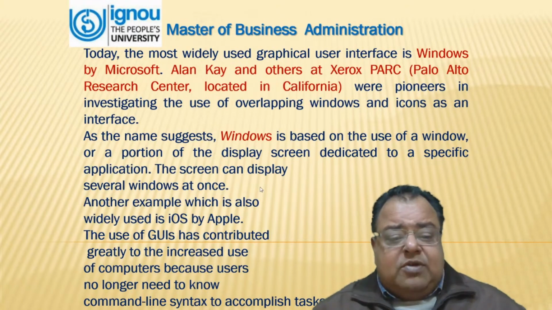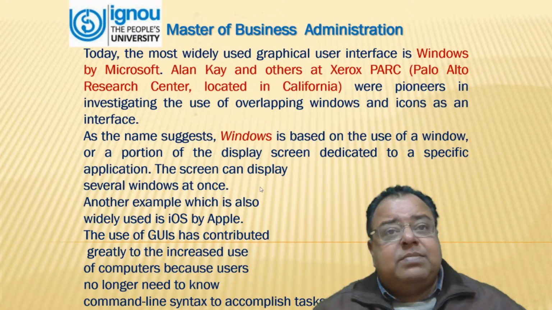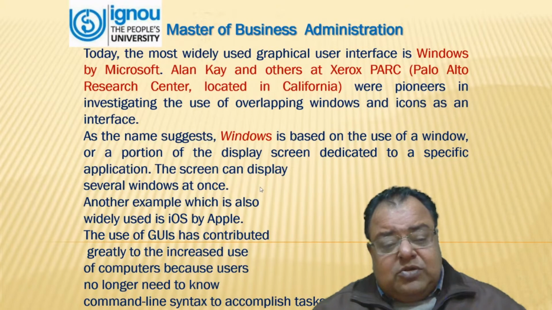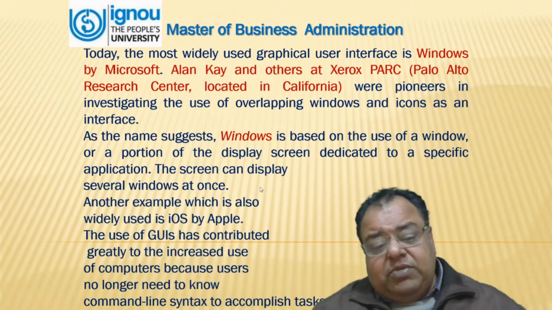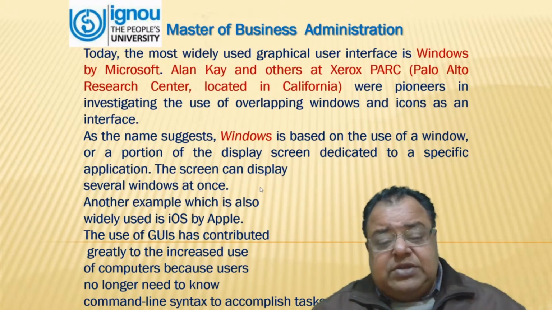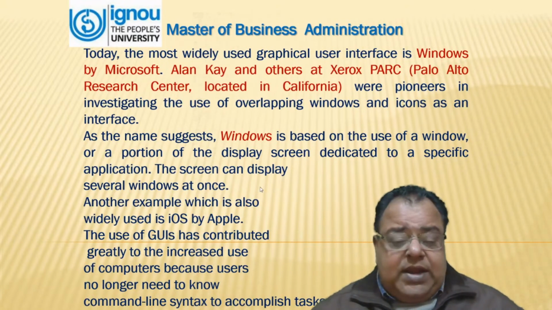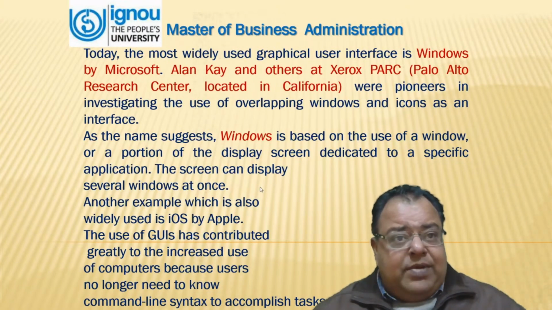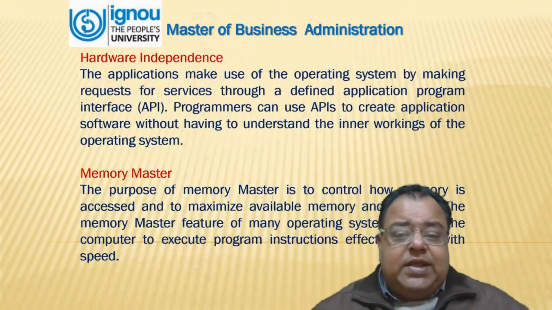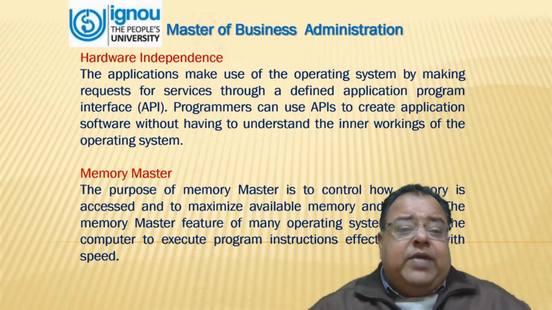Another example, which is also widely used, is iOS by Apple. The use of GUI has contributed greatly to the increased use of computers because users no longer need to know command-like syntax to accomplish tasks. Everything is inbuilt. Hardware independence.